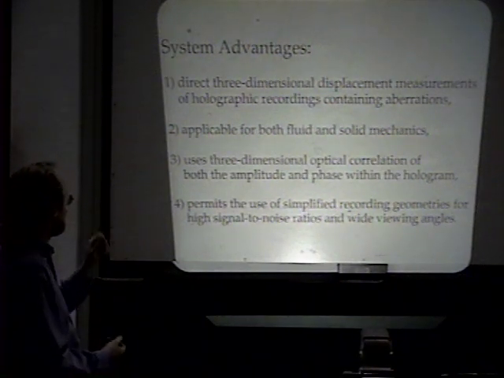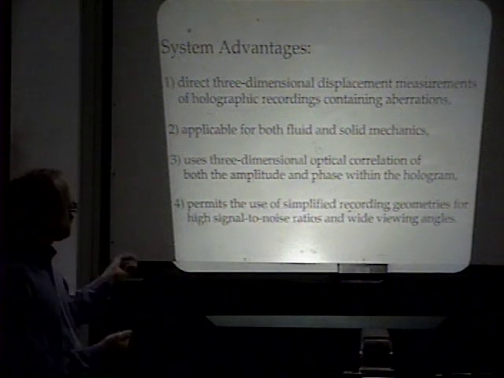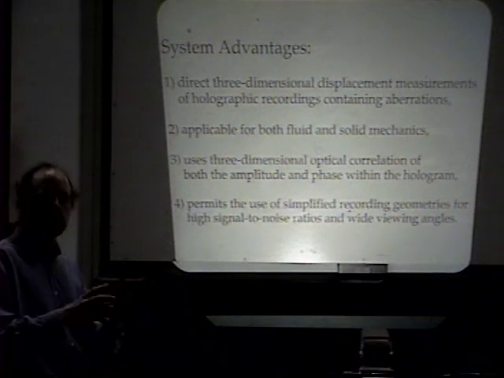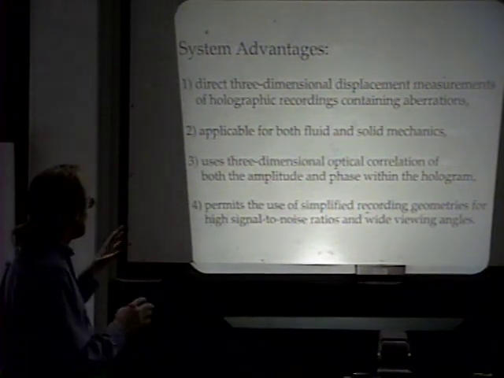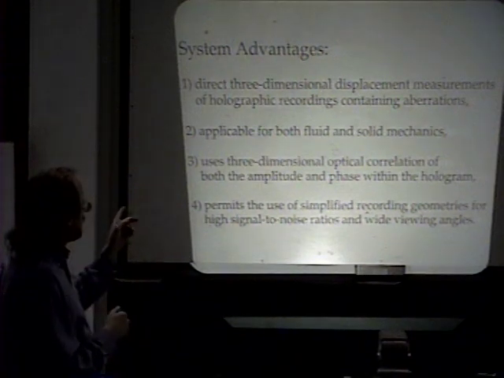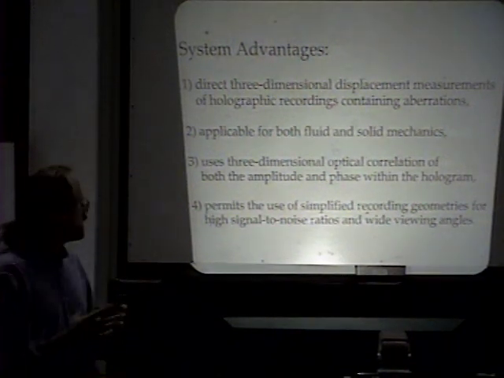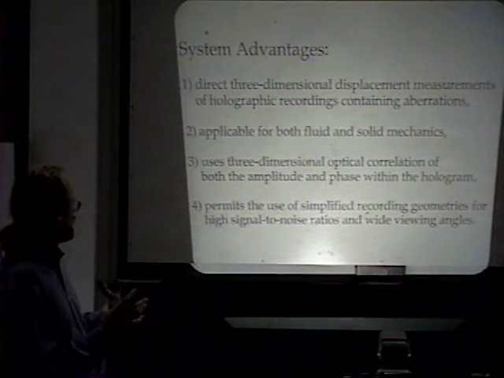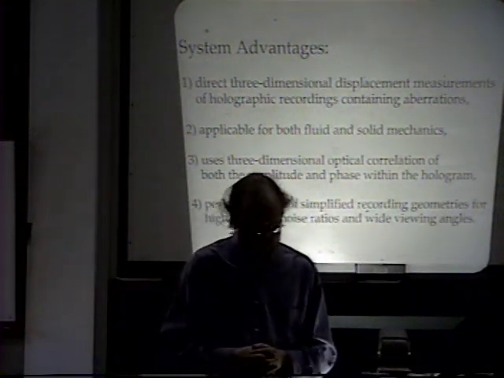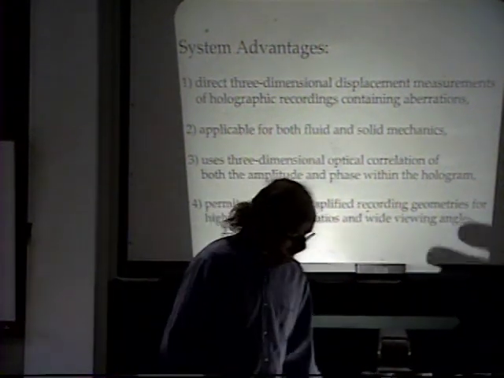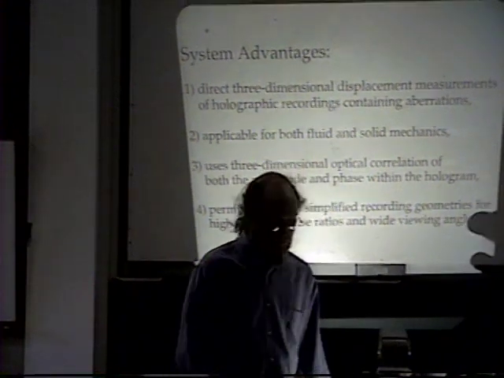We're using a three-dimensional optical correlation of both the amplitude and phase information, not just the intensity. That's really important. Because of this, we can also use a very simplified recording geometry. So that gives us a very high signal-to-noise ratio in our system. And so our system could be very robust, much more so than traditional imaging systems.